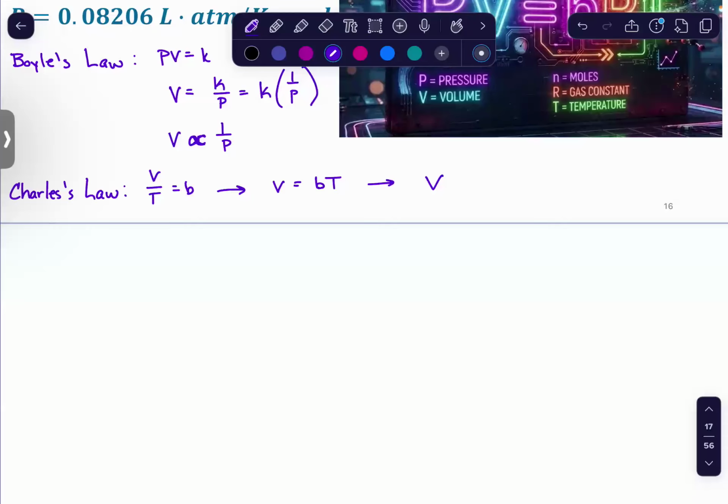So if we take it out again, V is directly proportional to T. And then we had Avogadro's law. That one was volume over number of moles equals a constant A. So if we get volume by itself, that's going to be A times your number of moles, or volume is directly proportional to your number of moles.